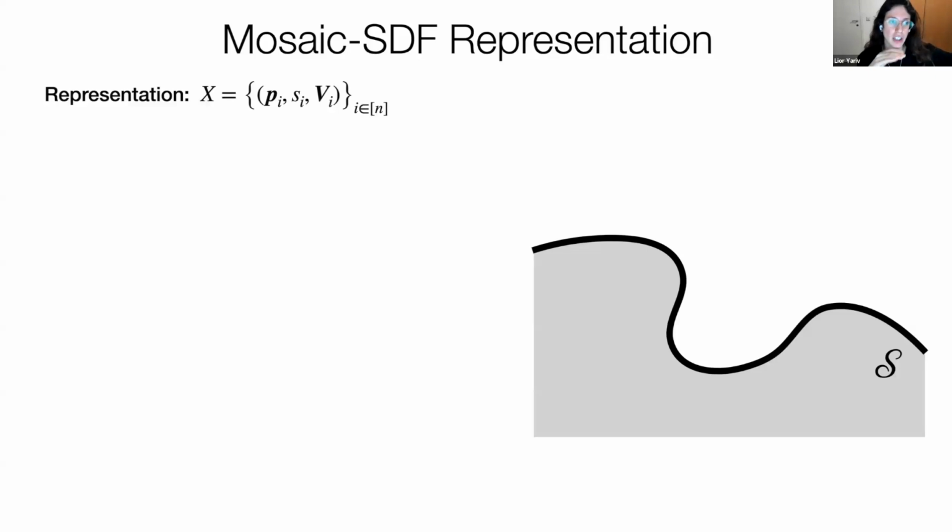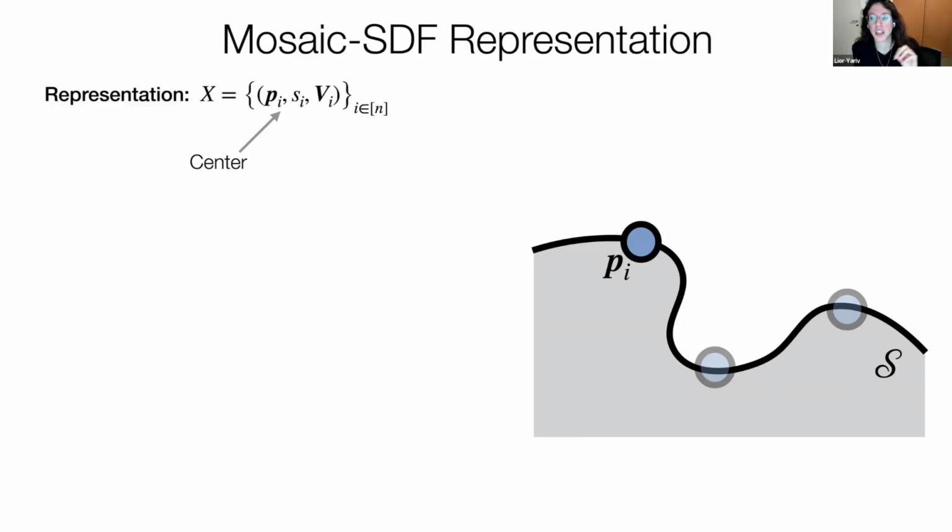So the representation, as I said before, is a set of voxels, of volumes that are stored around the surface. And these volumes are represented using a tuple of three variables, where the first one is the center. So we have the center of each one of the local volumes, which is basically a point in 3D.